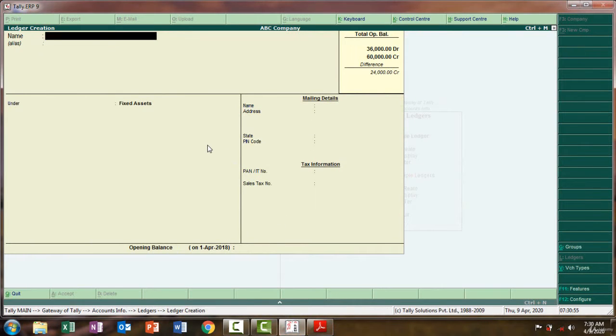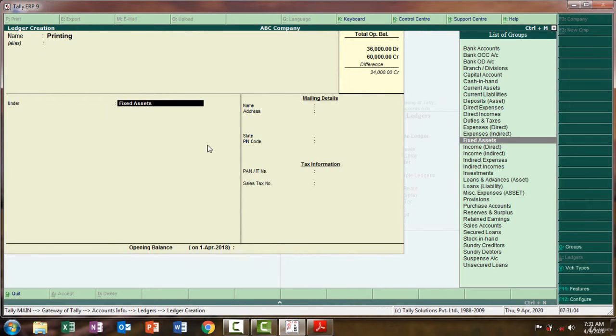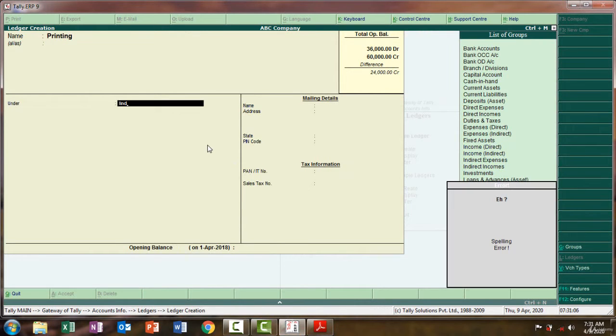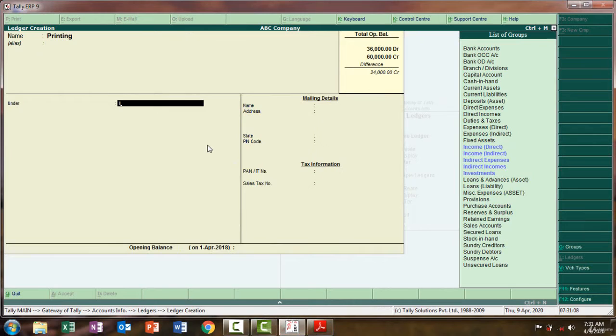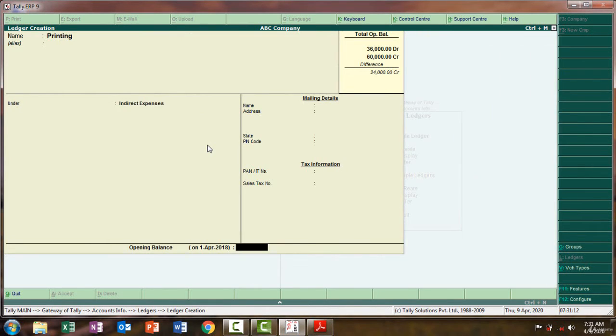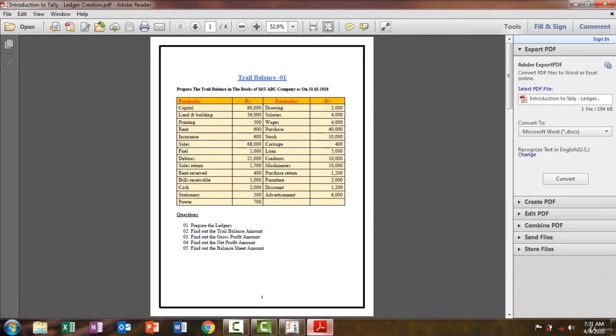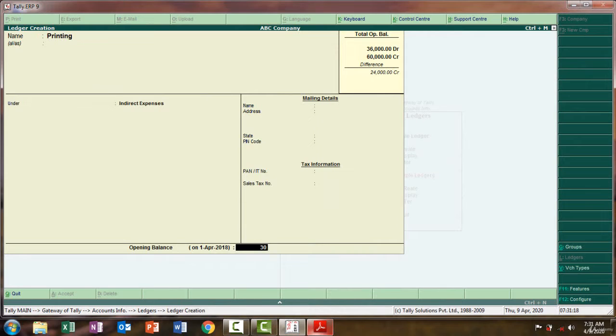Then the third one is printing, 300. Printing is an indirect expense, so I type printing under indirect expenses. The amount is 300.